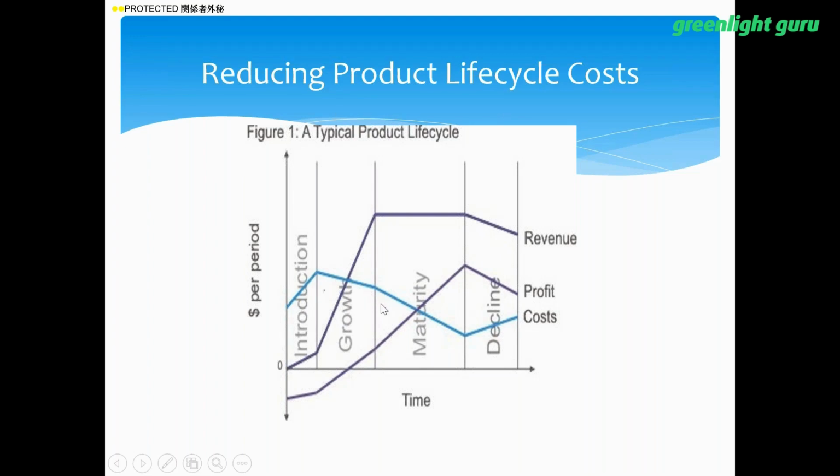And as my product matures, over time my costs go down because I get more economy of scale. But as my product gets into decline, my costs will start to go up a little bit. My profit will probably start to go down, and my overall sales of that product will start to decline.